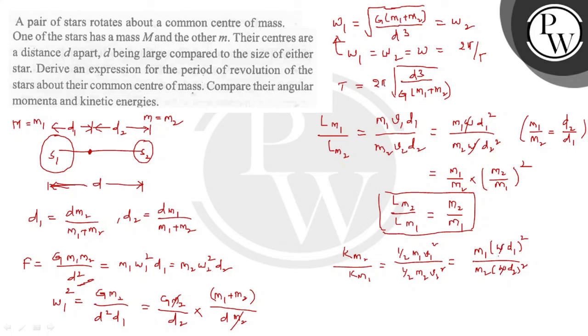This omega gets cancelled, so you get d1 square by d2 square. Already there is a relation of d1 by d2 to mass, so m1 by m2 into m2 by m1 whole square. So kinetic energy K m2 upon K m1 is going to be m2 by m1, same as with angular momentum. This is the answer. Okay, thank you.